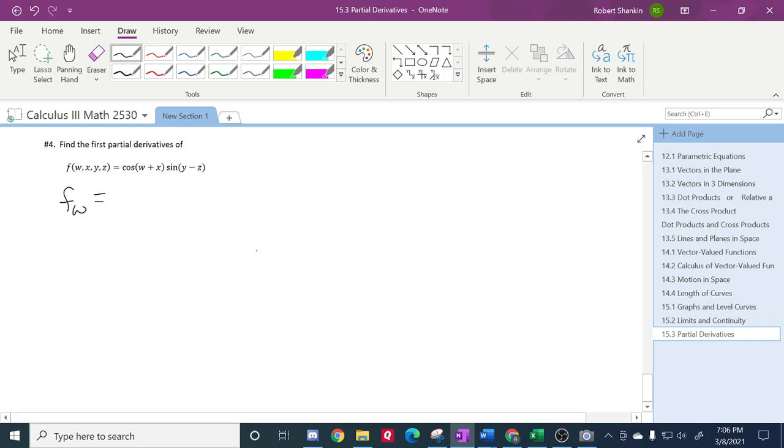Okay, so the f w, we're going to hold this part constant. It doesn't have any w's in it. So you might just write that down first if you want to. The derivative of a constant times a function is a constant times the derivative of the function. Now we need to take the derivative of the cosine of something that has the variable inside it. The derivative of cosine of something is negative sine of that something.